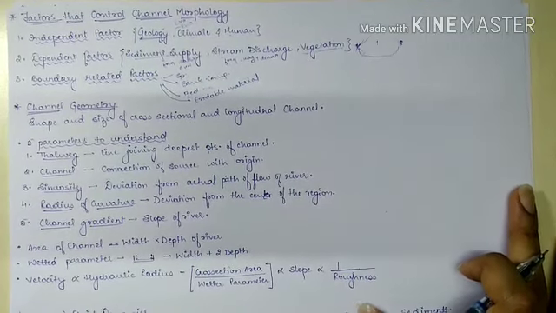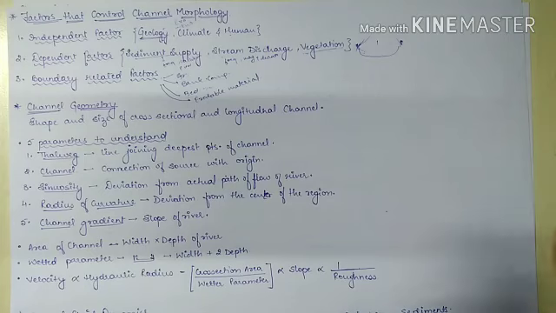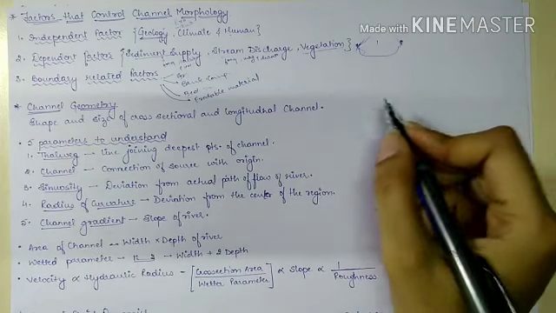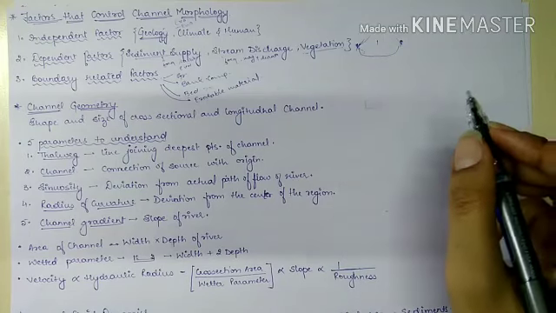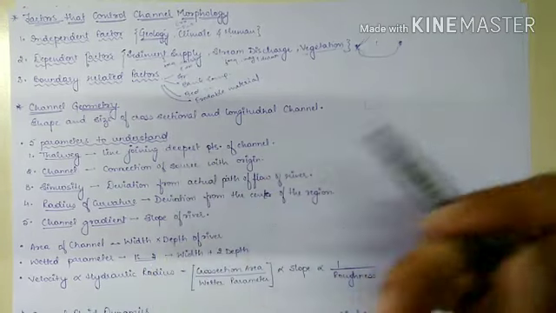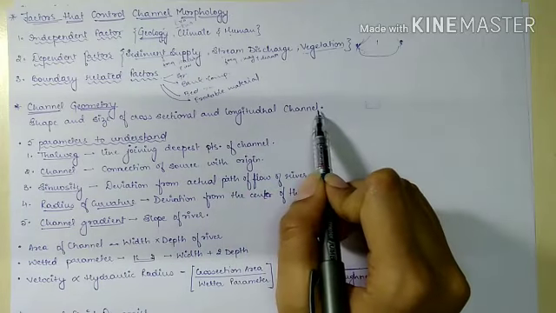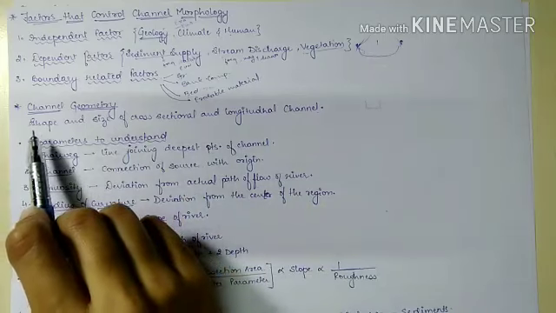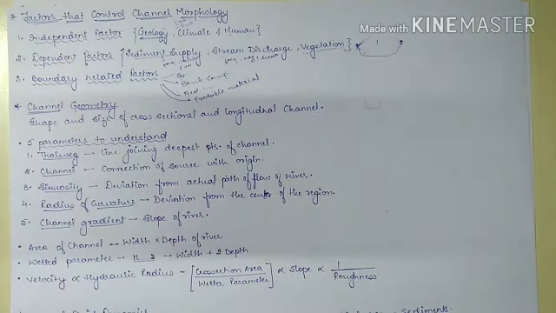Now we will look into channel geometry. In channel geometry, we do a cross-sectional and longitudinal study of the channel on the basis of its shape and size. Before studying channel geometry, we have to understand 5 parameters.